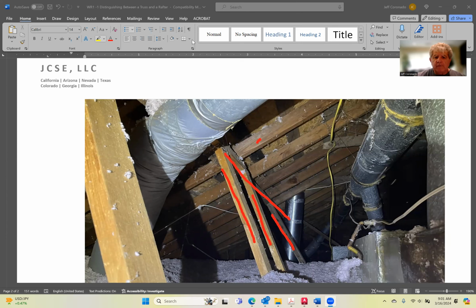So again, if each rafter is the top chord of a truss, right? Then for these members to be the web of the truss, each one of these would need to be connected at the top here to the rafter, and they're not in the same plane, right?